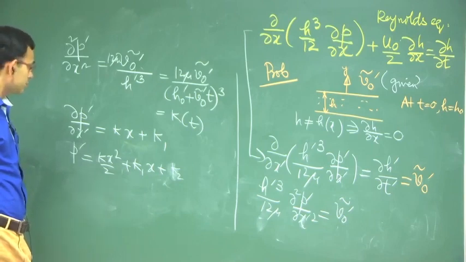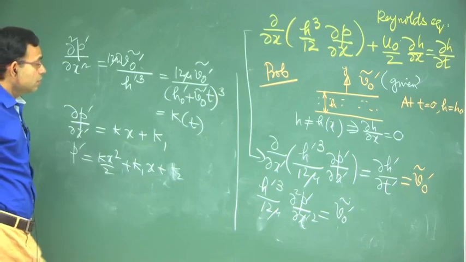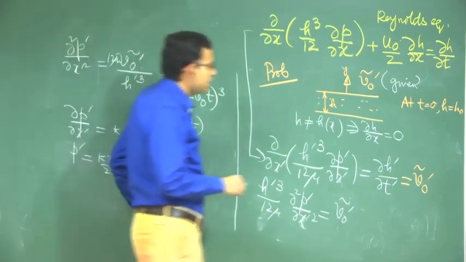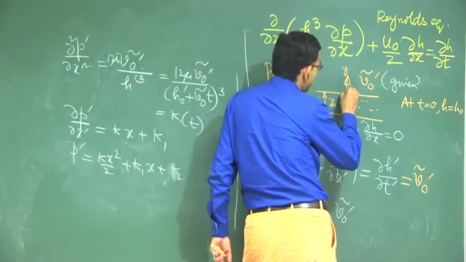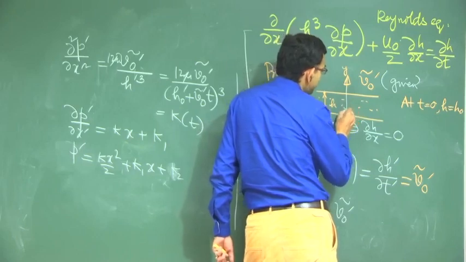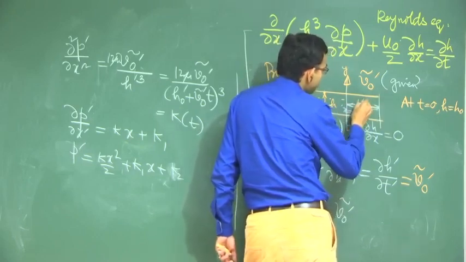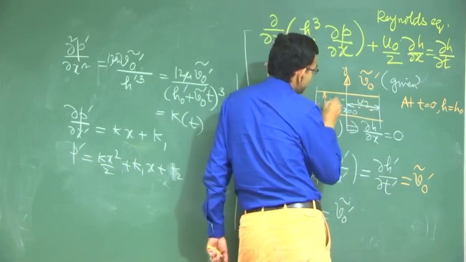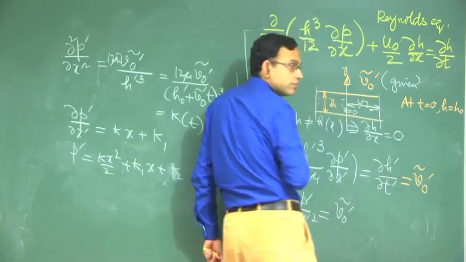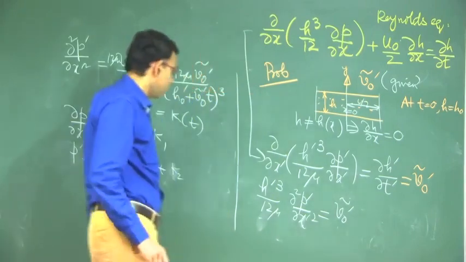Okay. So, now for the boundary condition, we can set up a central axis and say this is x equal to 0. This is L by 2 and this is another L by 2. Okay.